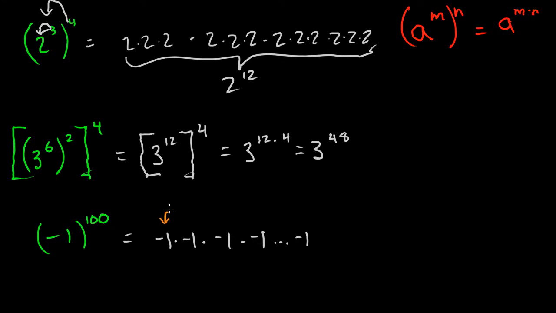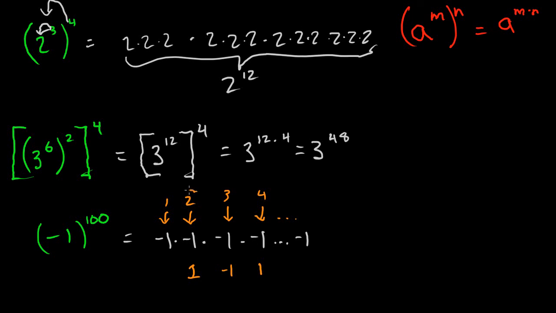So if we look at the first -1, when we get to the second, our value is now +1. When we multiply by the third -1, our answer becomes -1 again. Then when we multiply by the fourth -1, -1 times -1 is +1.